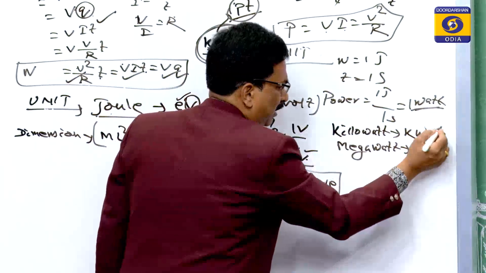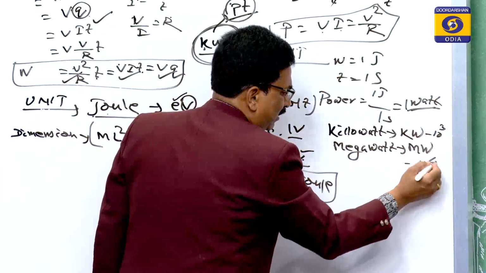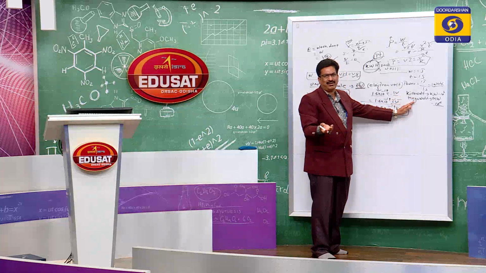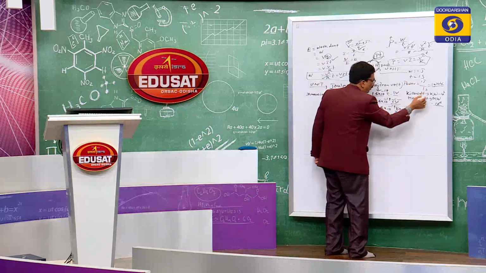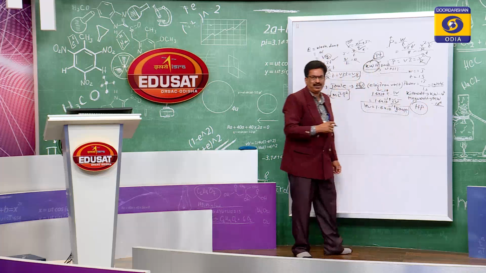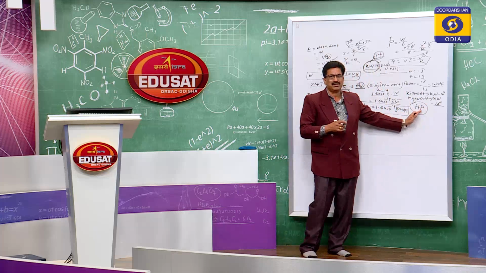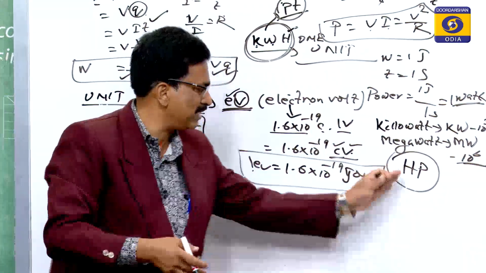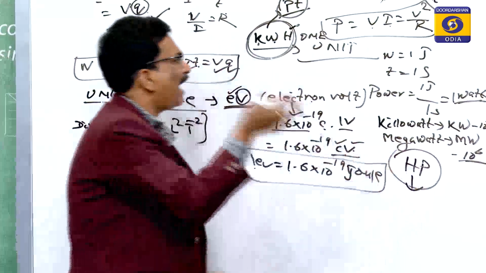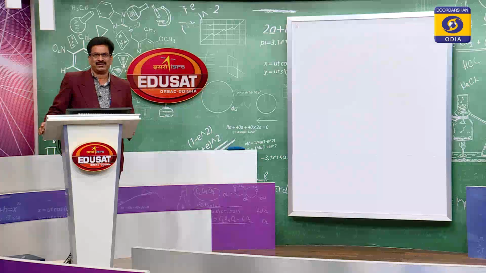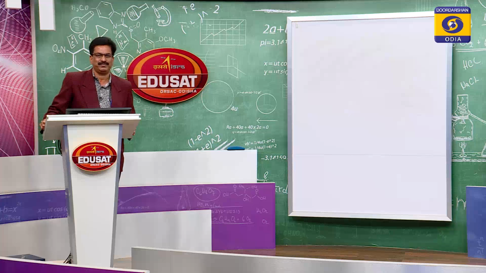Kilo means 10 to the power of 3, mega means 10 to the power of 6. Another common unit for higher cases is the horsepower. This power is much more, like a horse, therefore it is the horsepower. I am giving you time to calculate its dimension. As we discussed in our last class, this is the electrical energy and the electrical power.